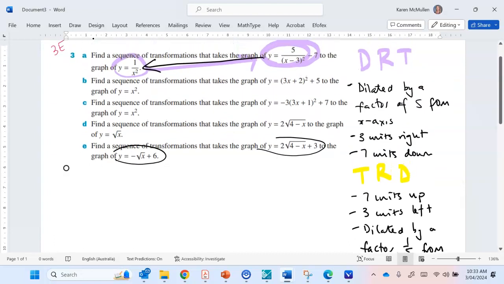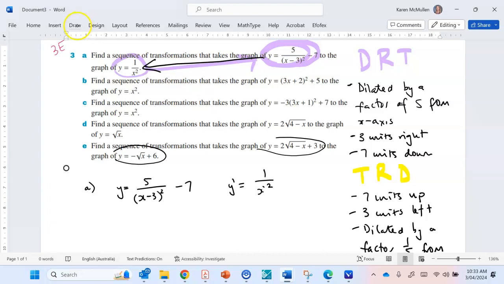So when we're doing mapping, I'm just going to write the question here. We're doing question A. We're going from y equals 5 over x minus 3 squared minus 7, and that's being mapped to the image of y and the image of x squared.